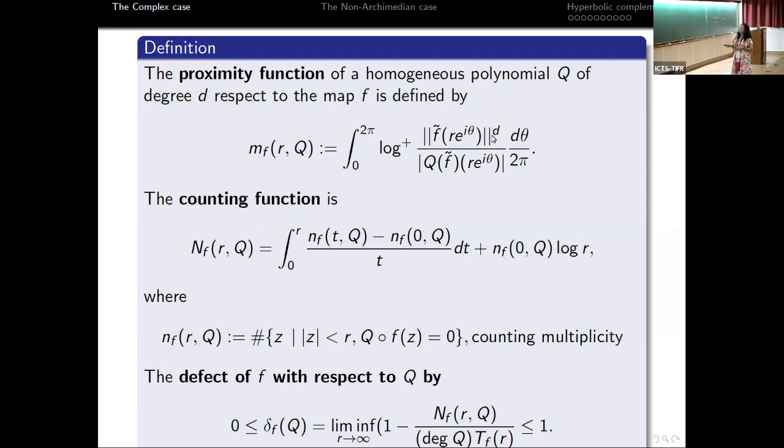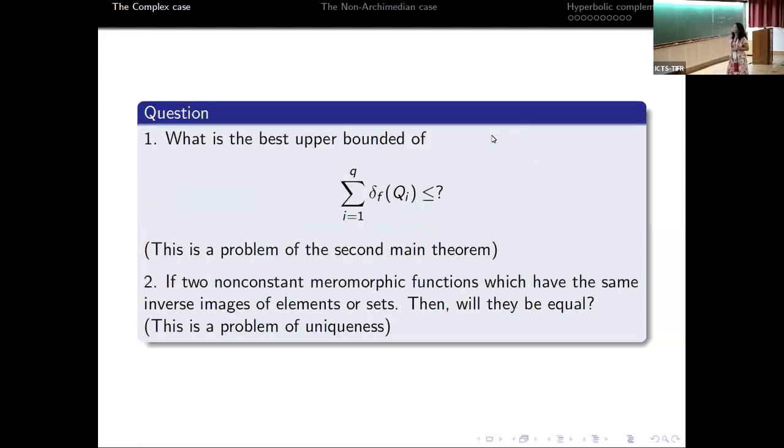Because of the first main theorem, this is always less than or equal to 1 and greater than or equal to 0. But the problem here is, if we take many points, that is, Q equal to 0. But if we take a sum over Q equal to a_i, what happens? That is the question in Nevanlinna theory. It is called the second main theorem.